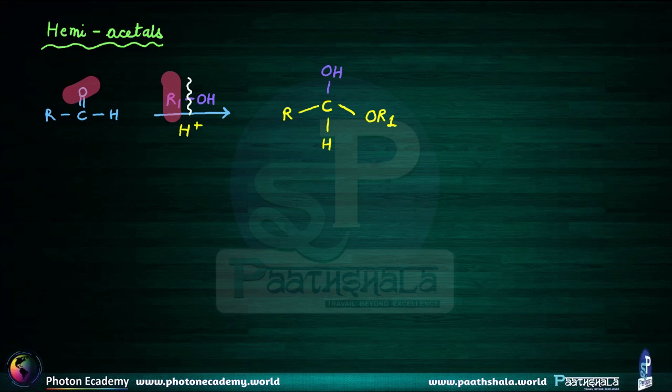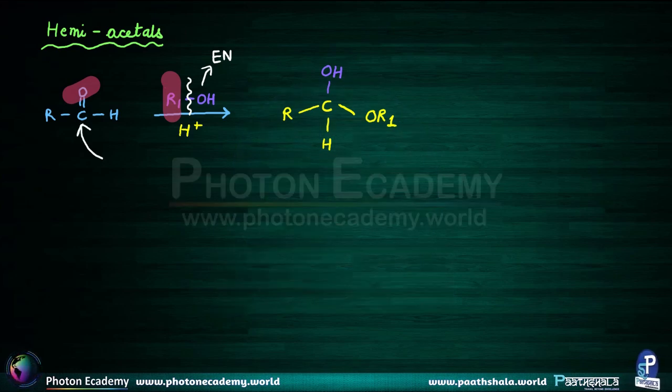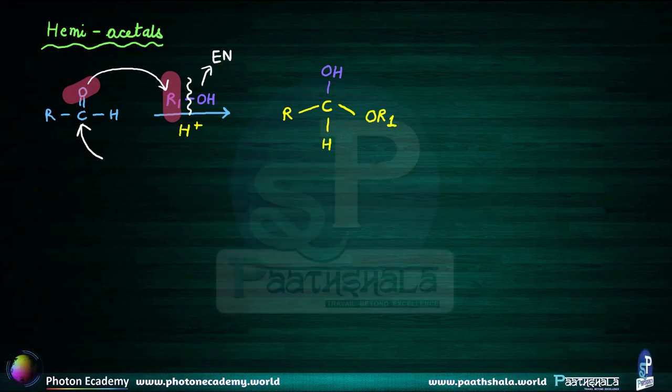So this OH, here O is an electronegative atom, so this electronegative atom goes to the less electronegative atom, that is my carbon here. And this R1 goes to O, and here I get an OR1. So this is what is happening. Why is that? Because if this OH goes to this O, both of them are electronegative, and we have seen that O being more electronegative will be joined with a less electronegative group.